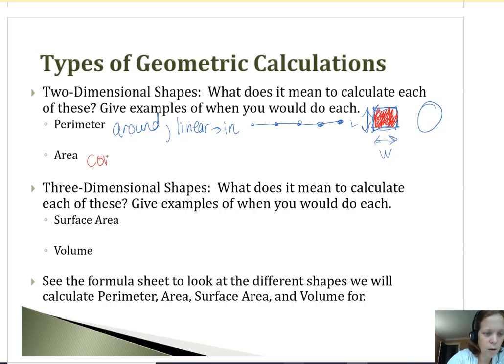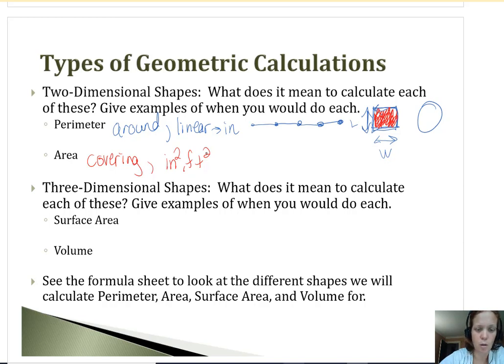For area, we're trying to cover the shape, and it's going to be things like square inches, square feet, because we're going to multiply the dimensions. Like we've done before, inches times inches we get square inches, feet times feet we get square feet. So that's what we're going to focus on for two-dimensional shapes.